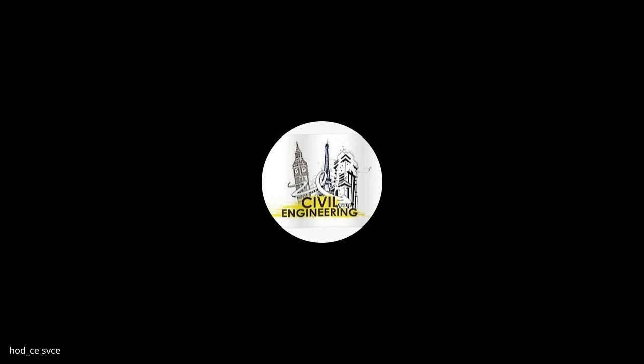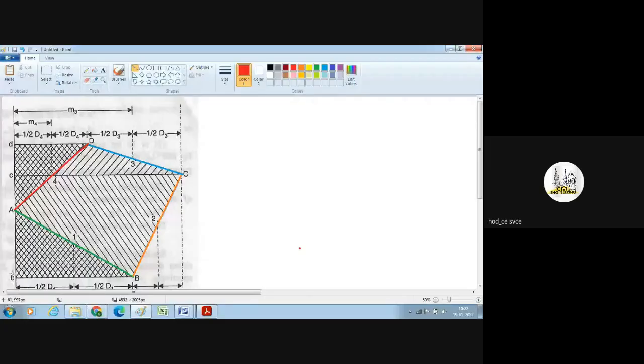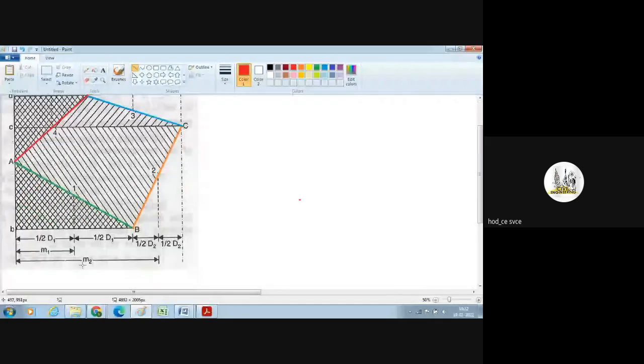Okay, so once I have drawn this line, based on this meridian line, I have taken half the distance of AB, right? So there is a departure D1 from here to here, that means small b to capital B, the horizontal distance.